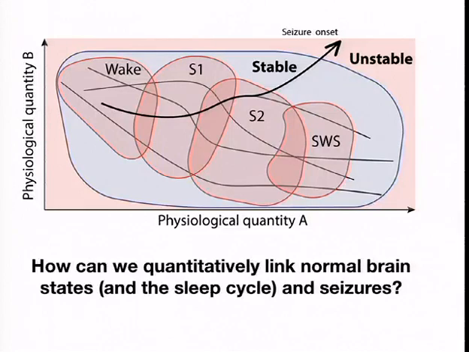So the overarching question then is, how can we make this schematic picture quantitative? How can we link normal brain states, and in particular the sleep-wake cycle, with our understanding of seizures and seizure onset?